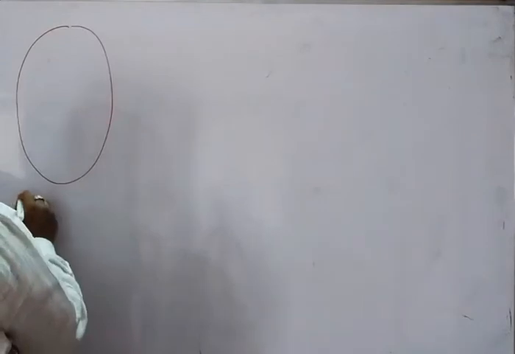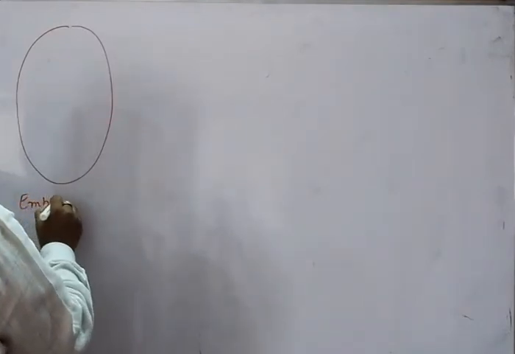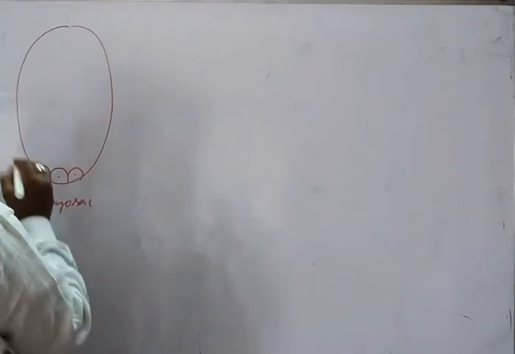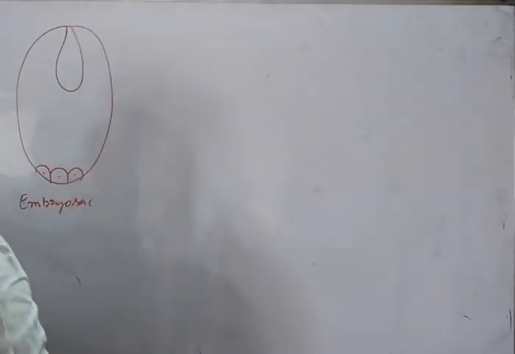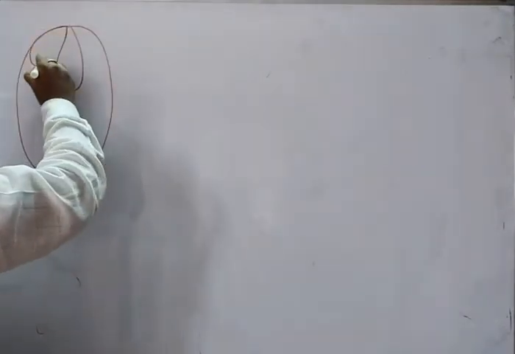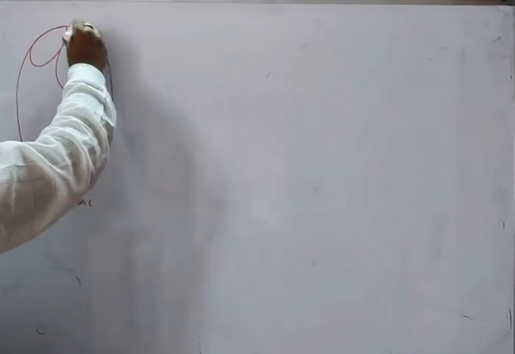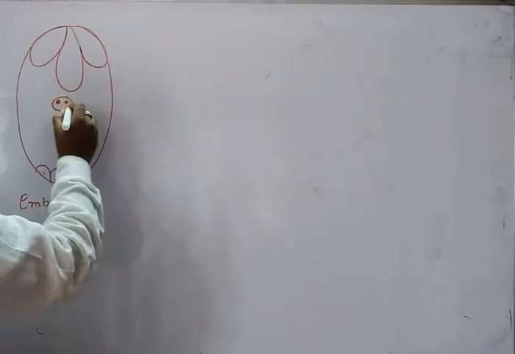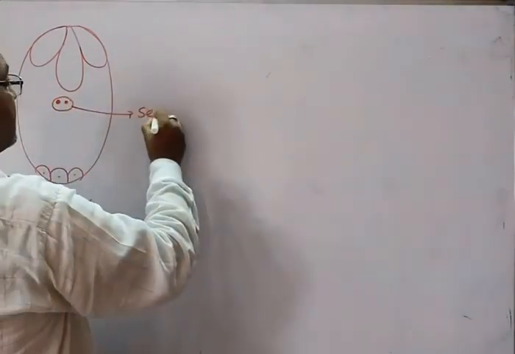Let me give once again the same aspect in the form of a diagram. Now this is the embryo sac, with the 3 antipodals and 1 egg, with the 2 synergids, with the 2 polar nuclei fused into the secondary nucleus.